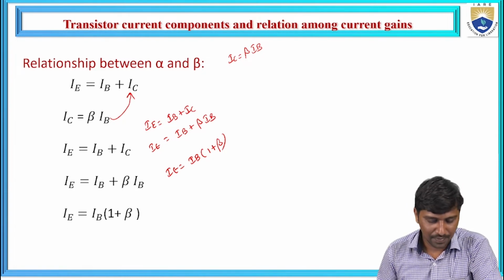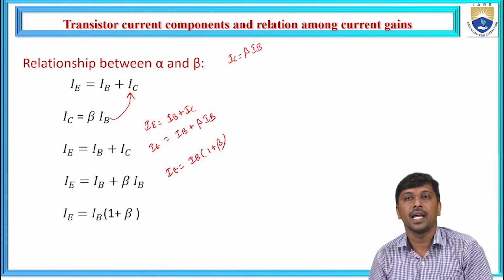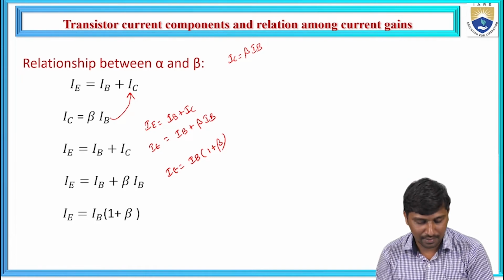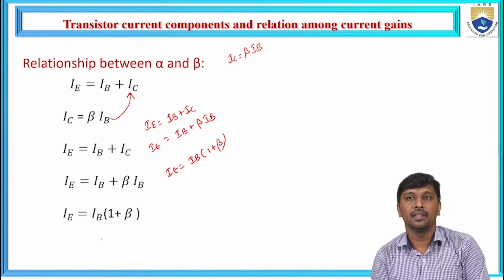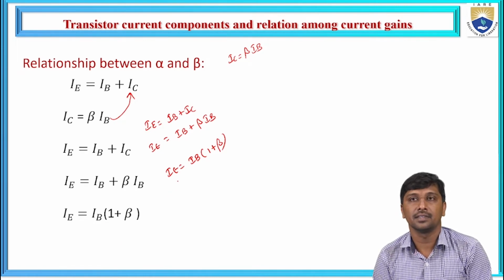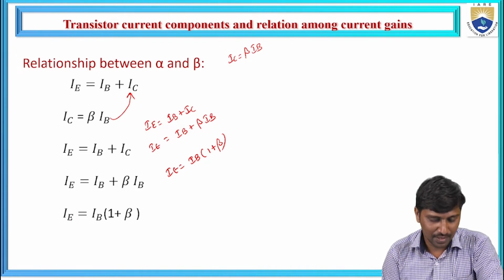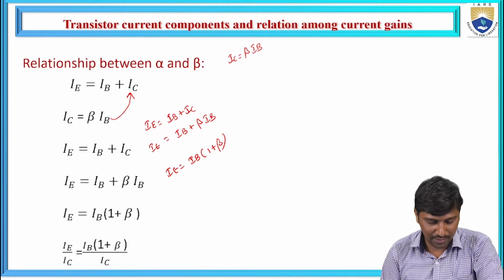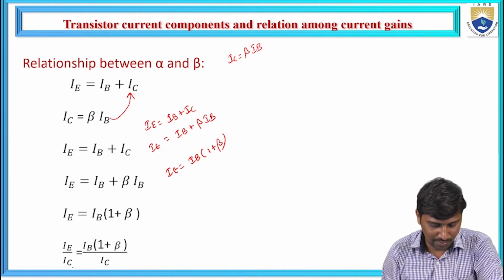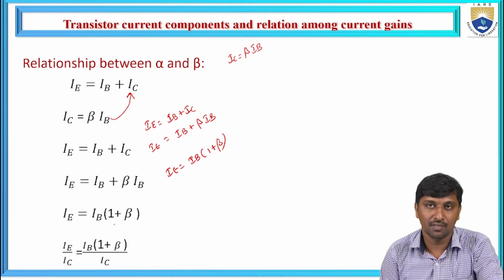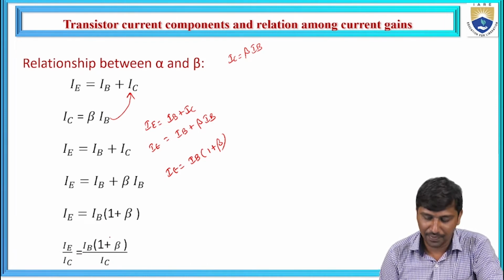Now I am going to derive this again to convert alpha in terms of beta, so I'm going to divide both sides by IC. So IE by IC is IB times (1 plus beta) by IC.